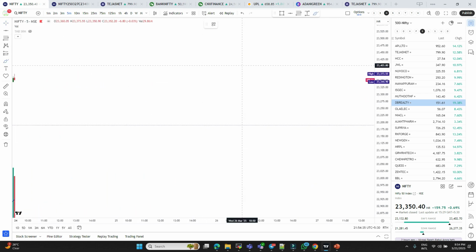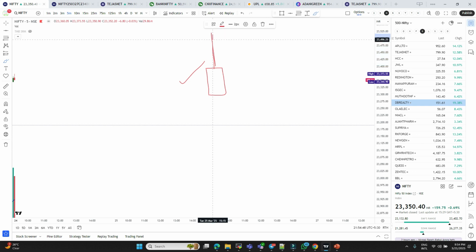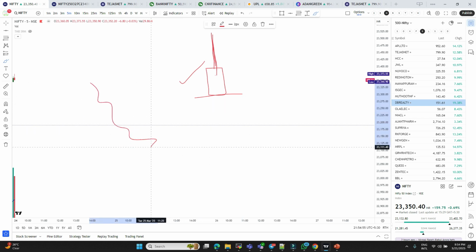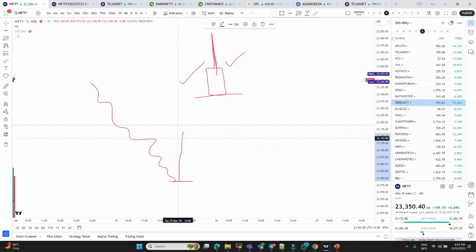Listen carefully. See, this is the candle we call a shooting star. If a shooting star forms at the end of a market fall, the meaning is that all of a sudden buyers started, but sellers dominated and brought it down.